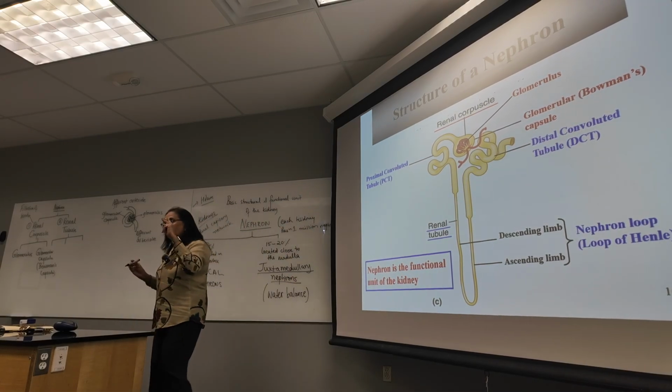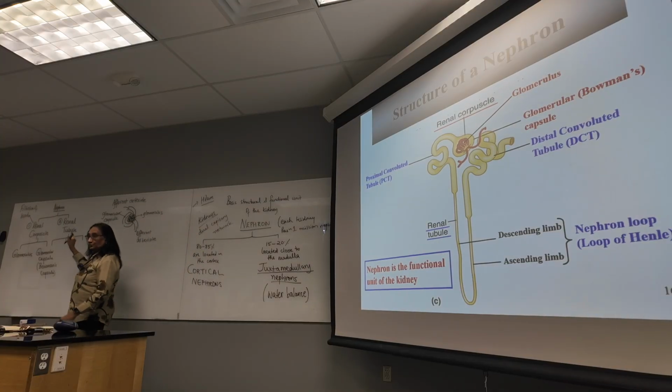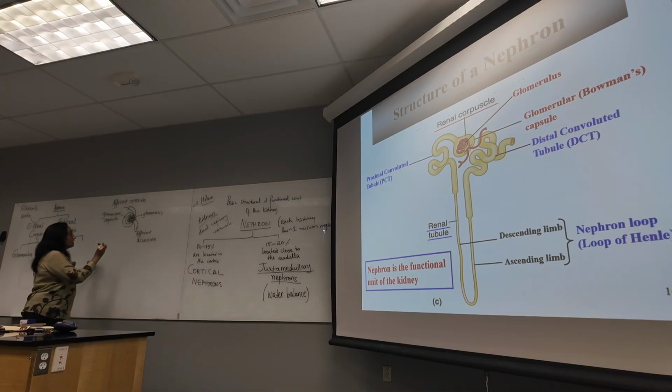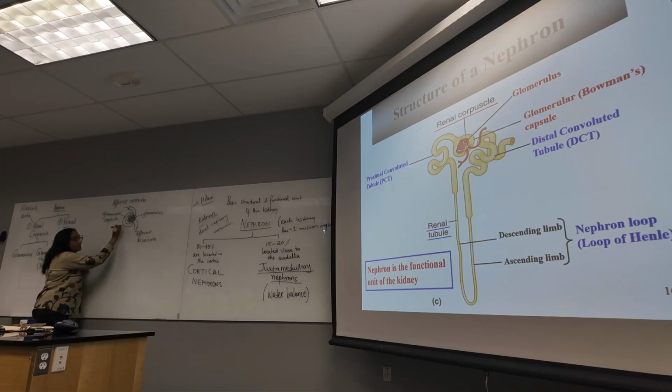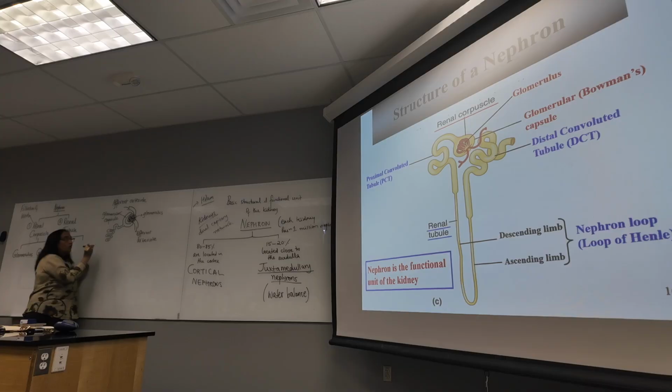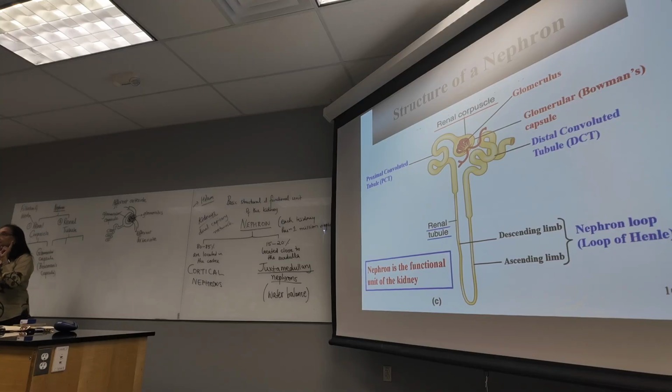Now comes the second part of the nephron, which is the tube. From the cup, the tube that emerges is quite twisted. It's a twisted tube, coiled tube. It's not a straight tube.